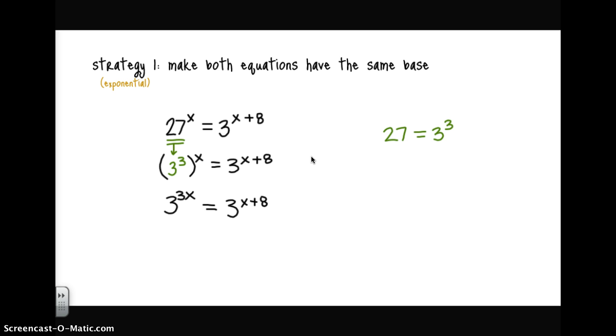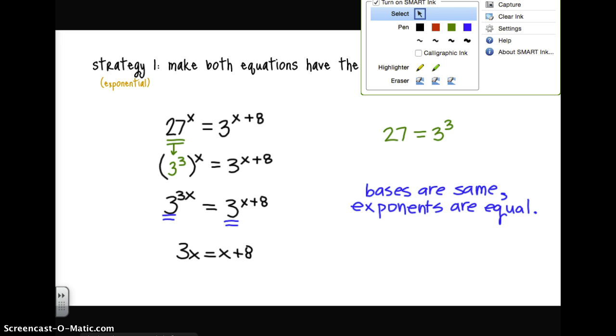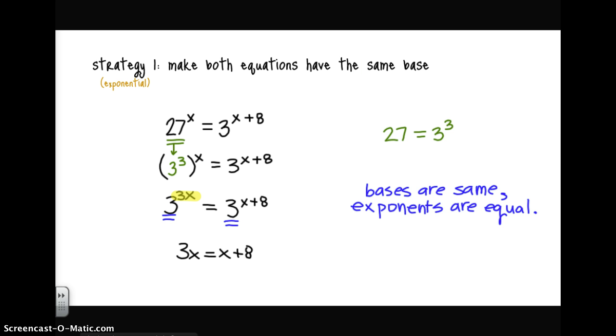When the bases are the same, so I've got a 3 here, I've got a 3 here, when those bases are the same, the exponents are equal. So that means that 3x equals x plus 8, because if the bases are the same, the exponents are equal.